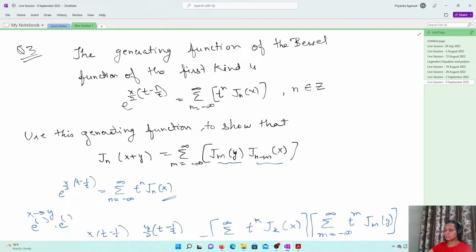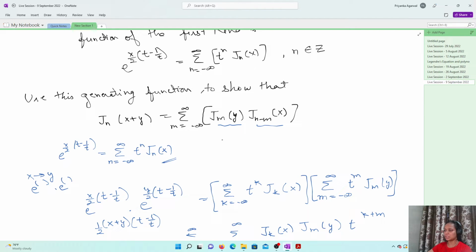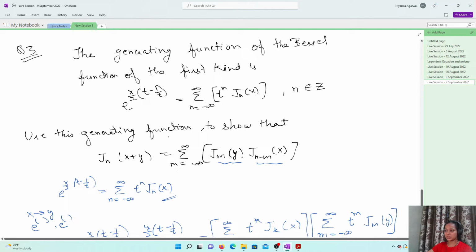Now, using this generating function, you have to show that Jn of x plus y equals summation m equals minus infinity to infinity Jm of y into Jn minus m of x. So, this is what you have to prove. Is the question clear now? Yes, ma'am.